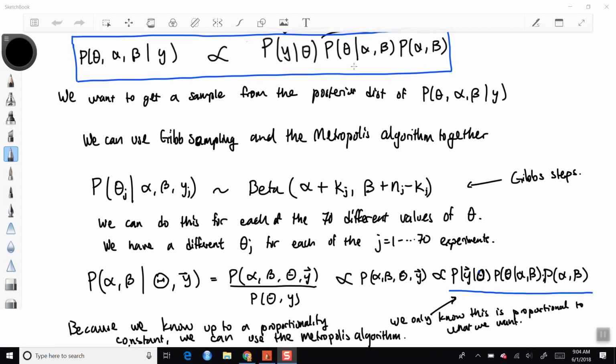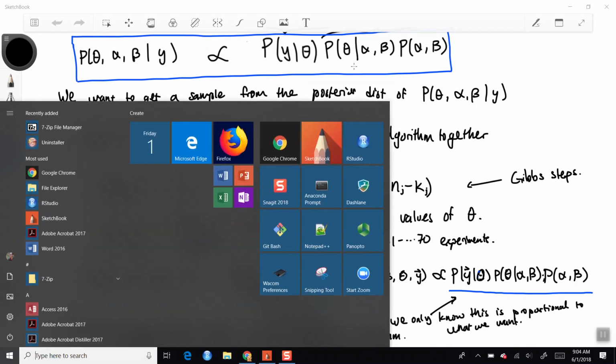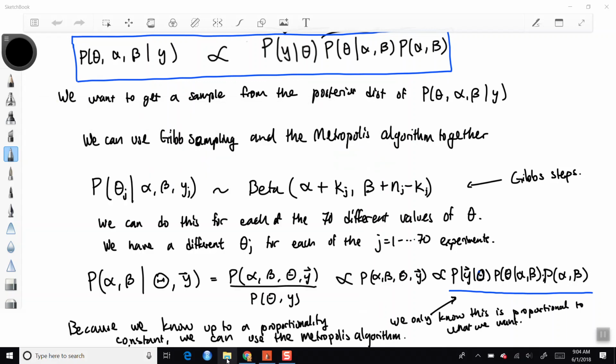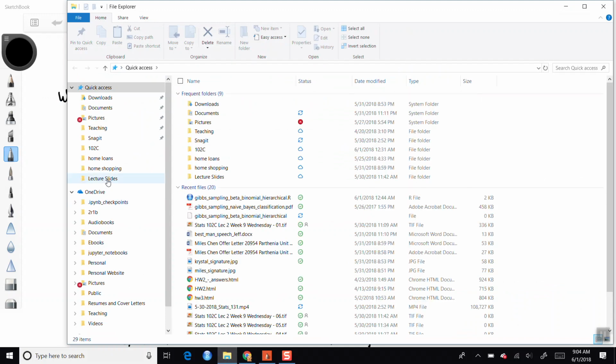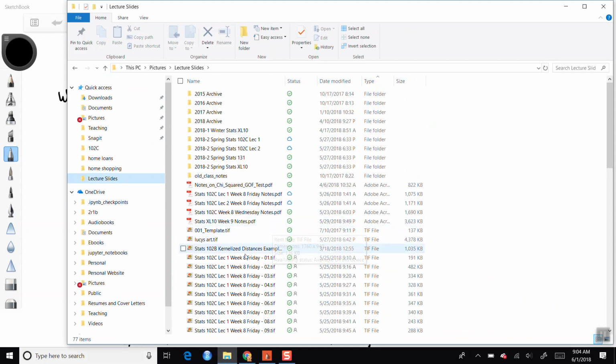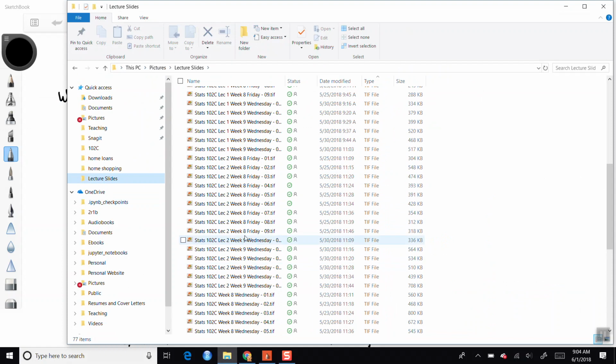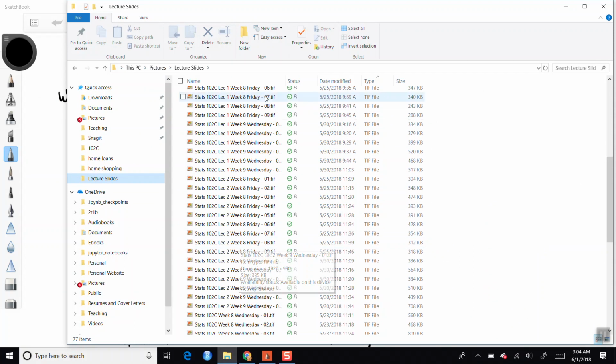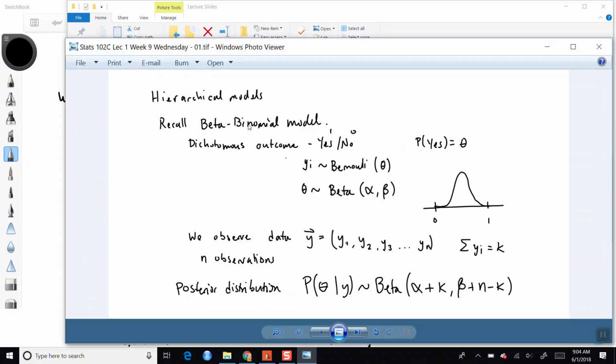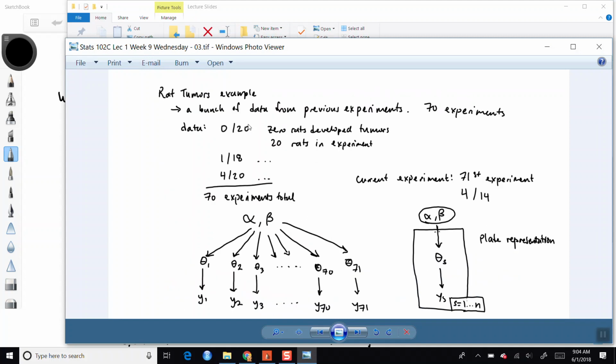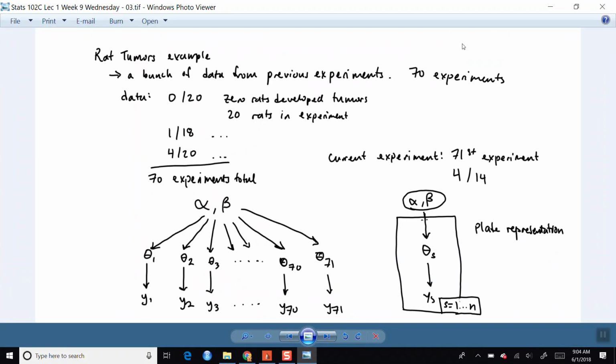So let me see if I can go back a few slides. Okay, so this was our diagram.